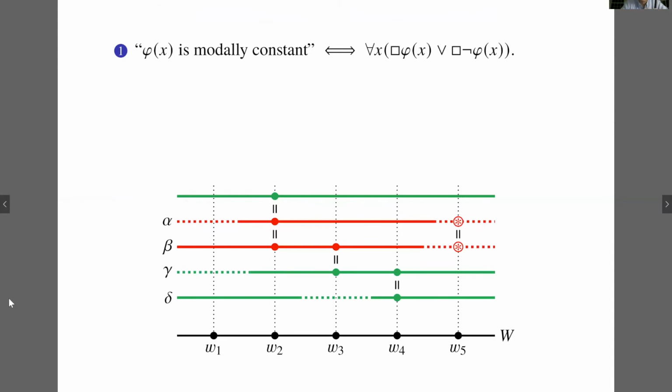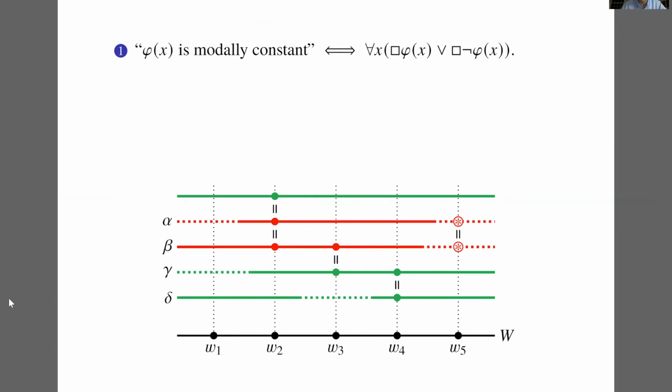So in this slide, I'm going to give the most crucial idea in this talk. Let me define it step by step. First, let's say that this property phi is modally constant.